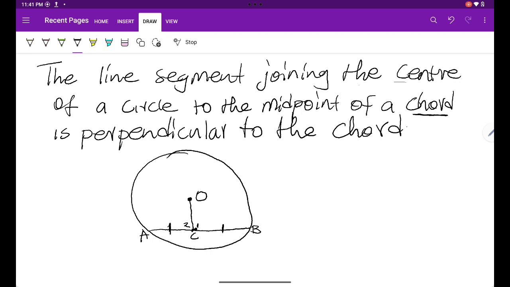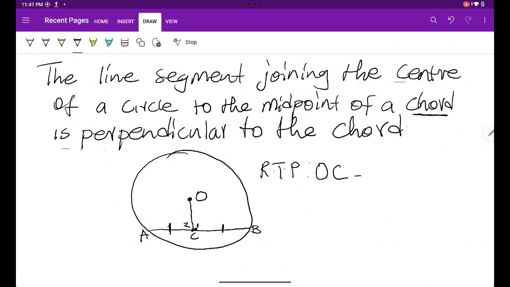And now we are required to prove, RTP stands for required to prove, that this line segment, in other words OC, is perpendicular to the chord.